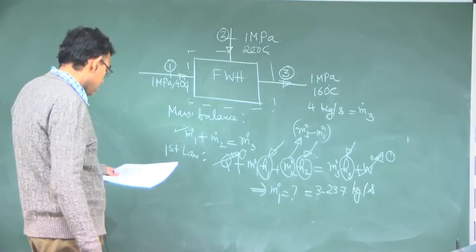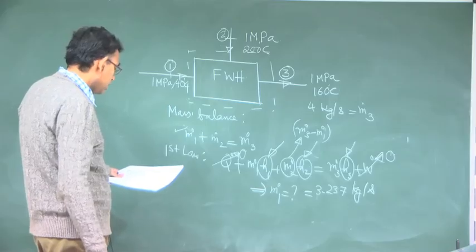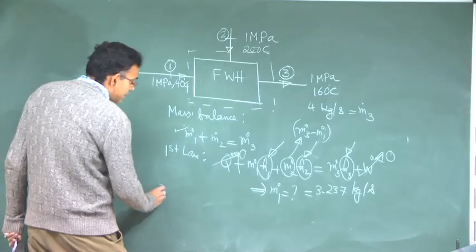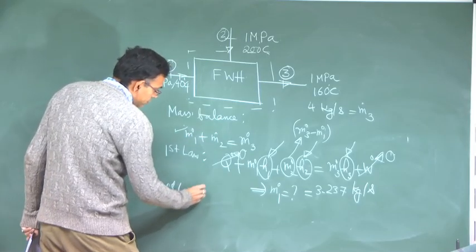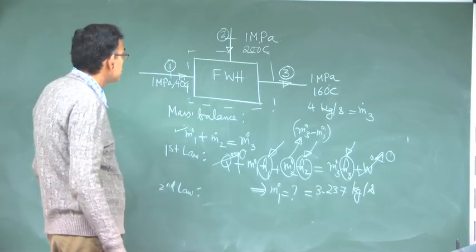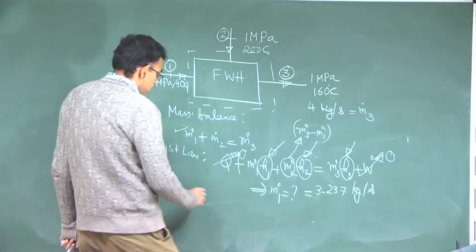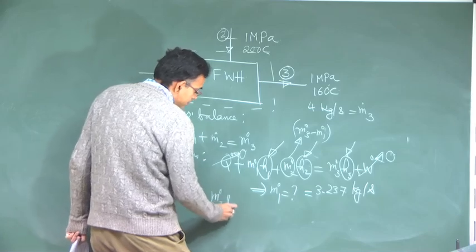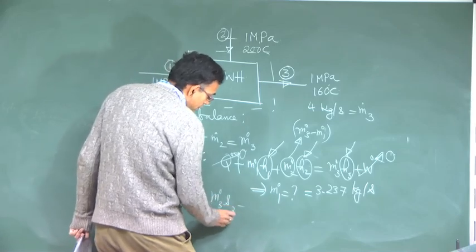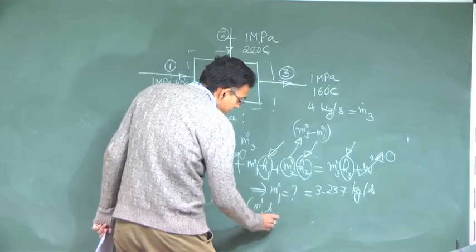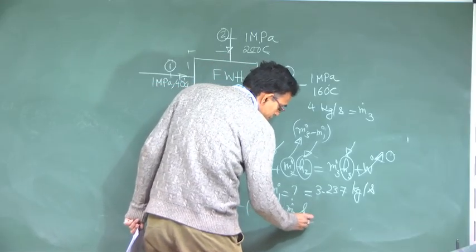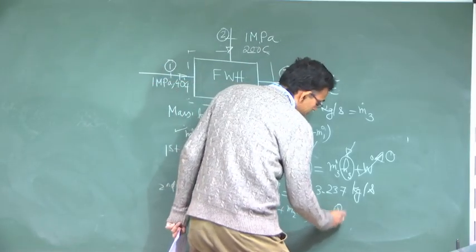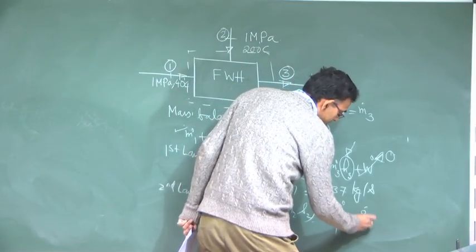What is asked? Calculate the rate of net entropy increase, or entropy generation rate. For that we have to apply the second law. The net change of entropy, that is m dot 3 s3 minus (m dot 1 s1 plus m dot 2 s2), is equal to Q dot by T plus entropy generation rate.